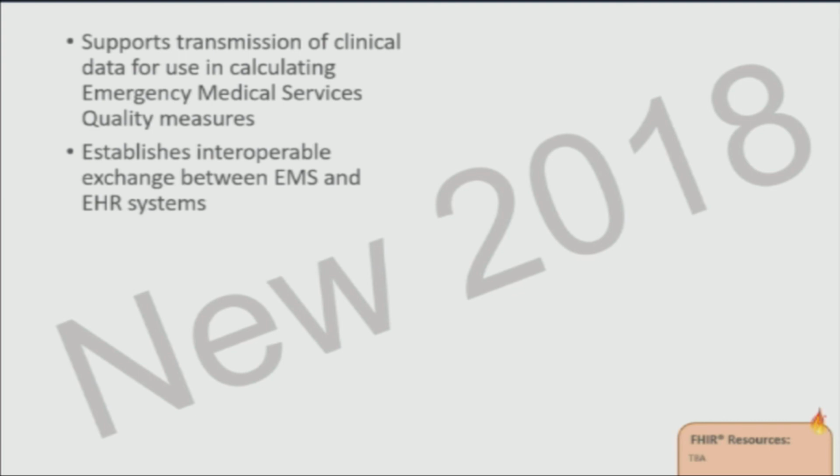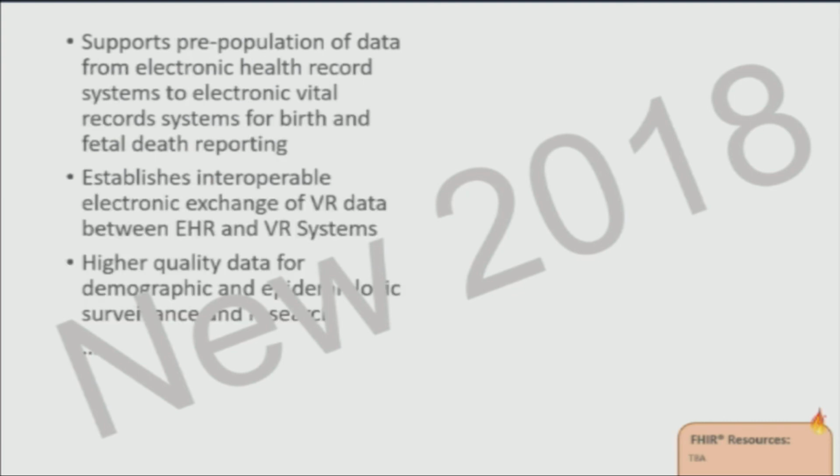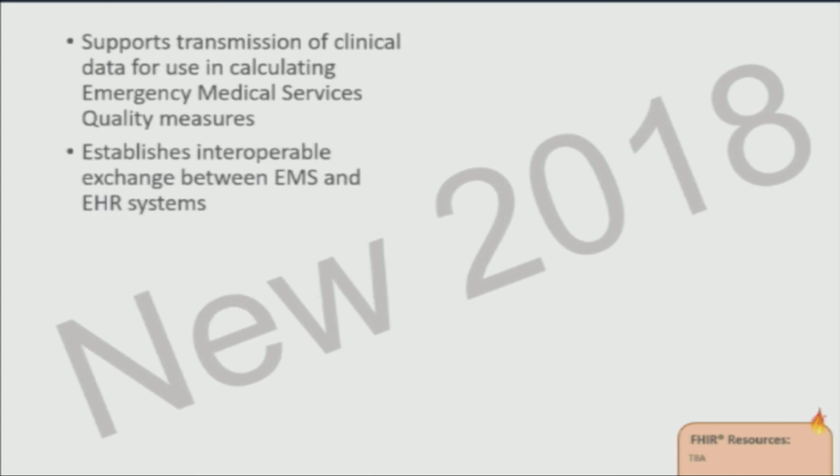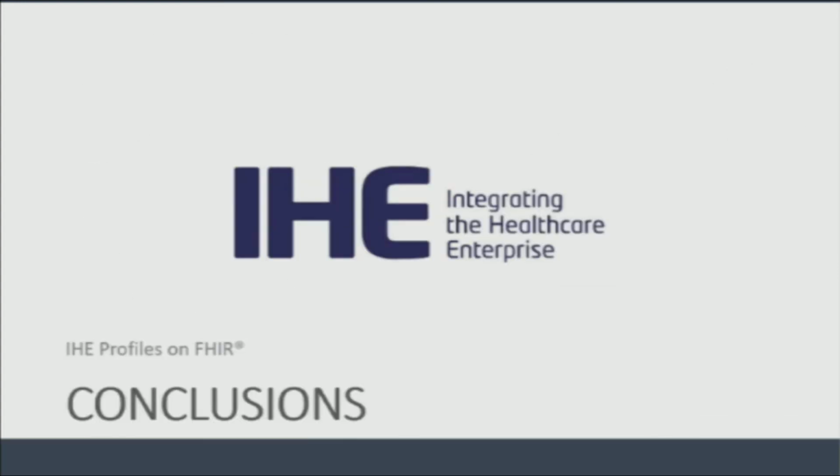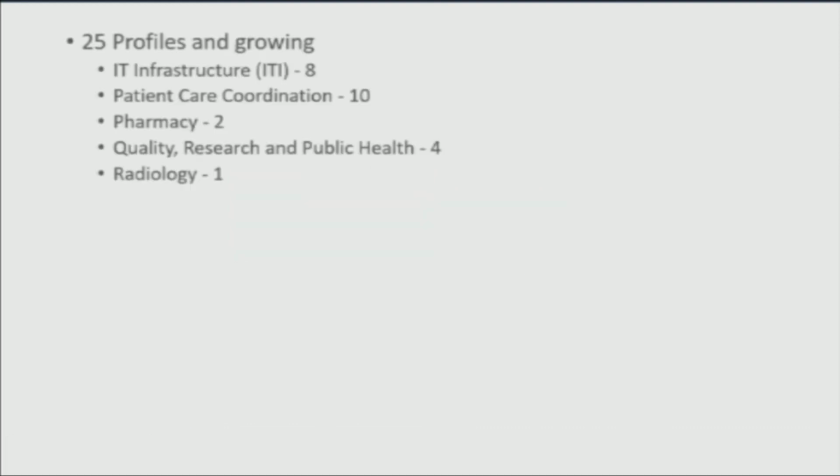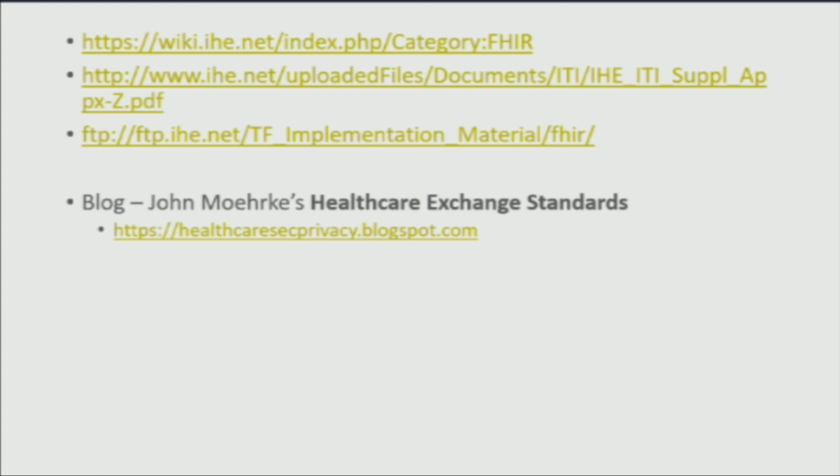Quality outcomes. So these last two are in process, so there's absolutely no detail available. I think they're right now out for public comment. So if you're interested in the domain, I can help get you involved in public comment. And I think that is all I have. So we have 25 profiles.